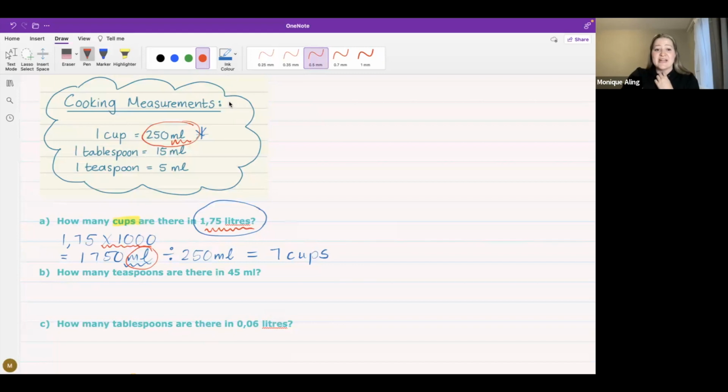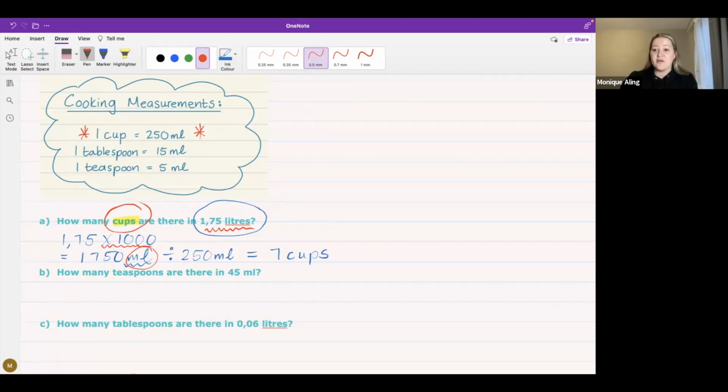Okay, so that's a really important thing to remember when it comes to cooking measurements. All our amounts need to be in milliliters in order for us to use these amounts. Okay, let's have a look at that one more time. So, because our question asked, how many cups are there in 1,75 liters? Because we are working out cups, we are going to be looking at this conversion.